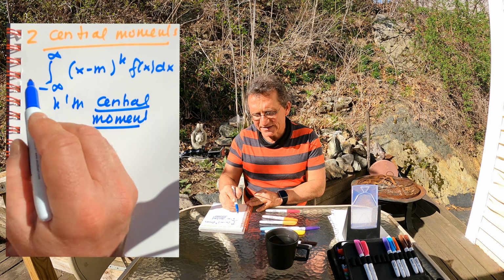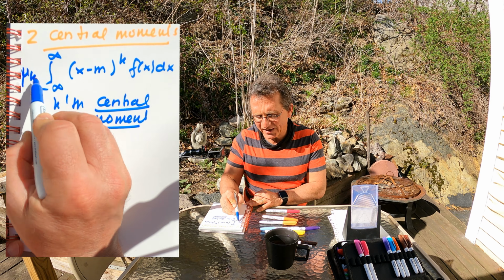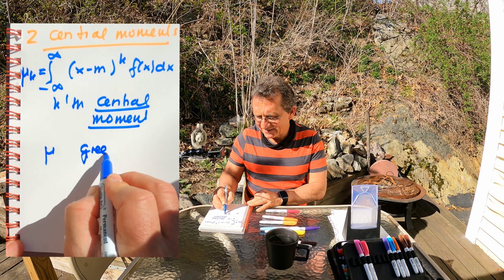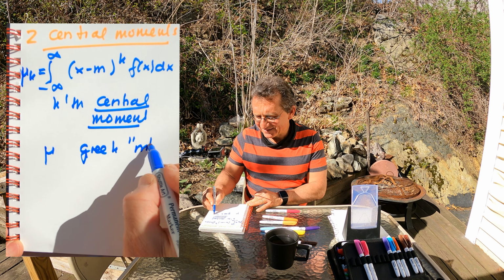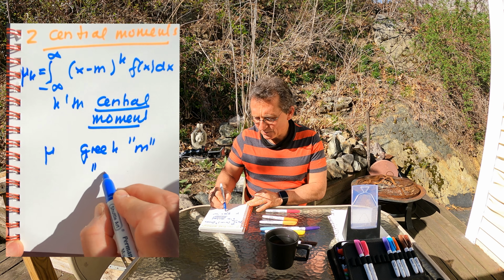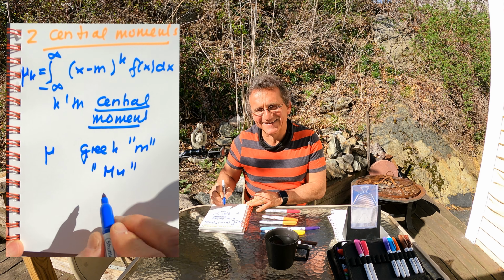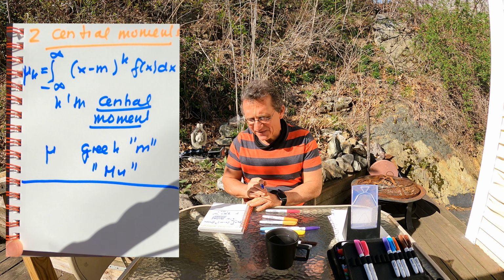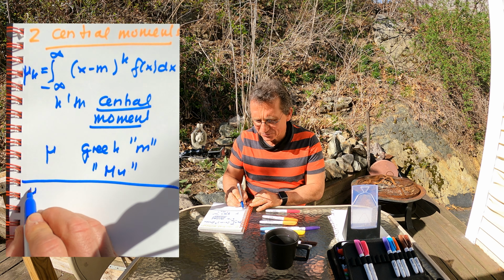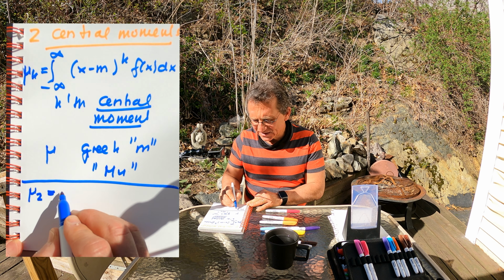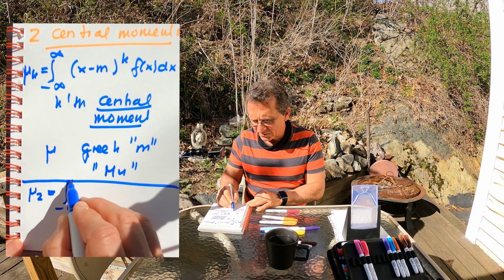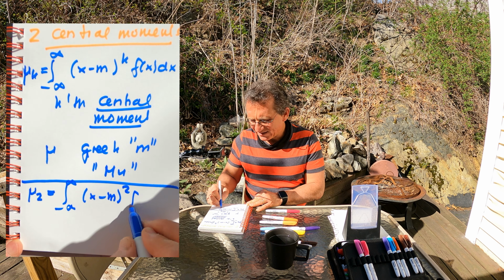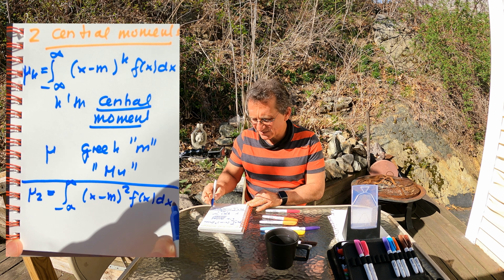It's very important, and we usually denote them by mu_k. So mu is the Greek m, and so you just say mu. So that's the central moment, and very important is mu2. The mu2 is the integral from minus infinity to infinity of (x minus m) squared f of x dx.